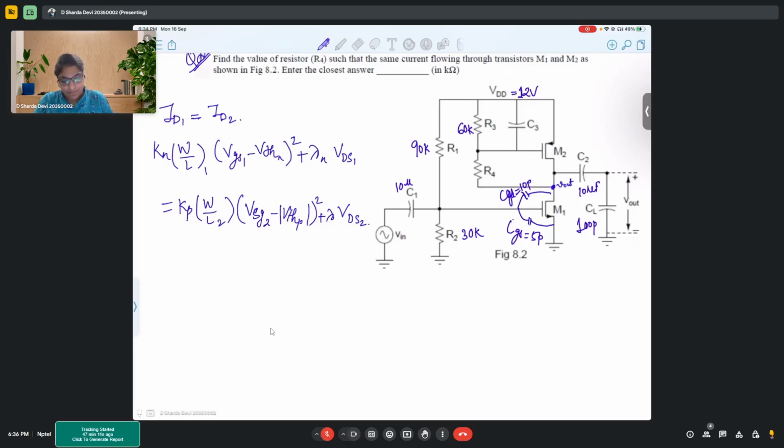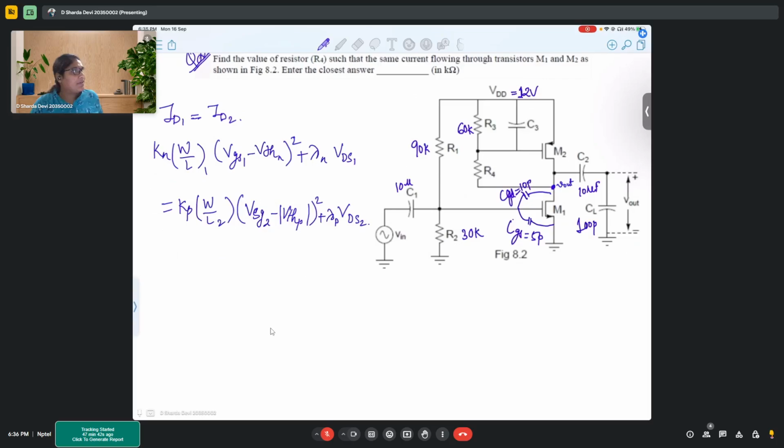There should be one plus lambda n VDS1 and one plus lambda p VDS2, right? I didn't understand the equation. These are different terms in one system.